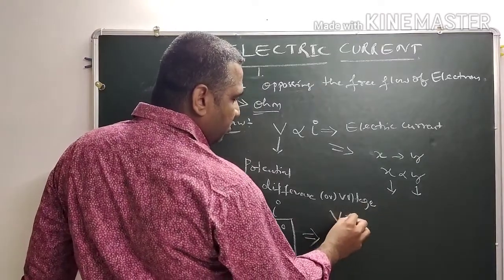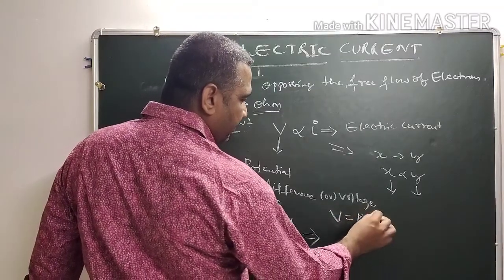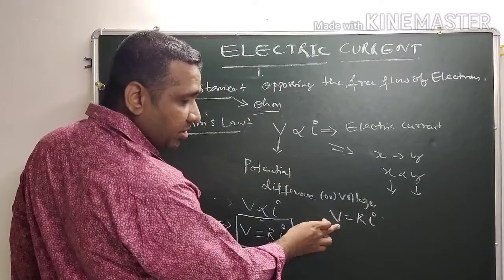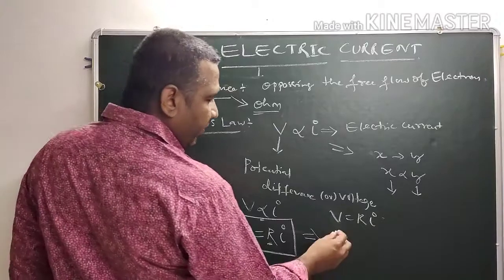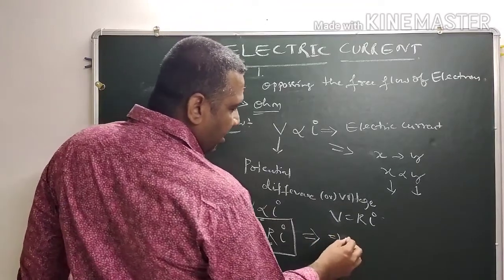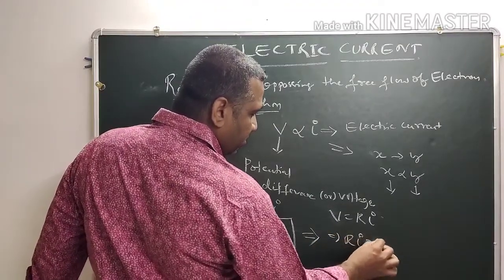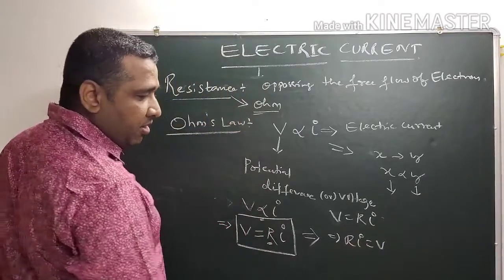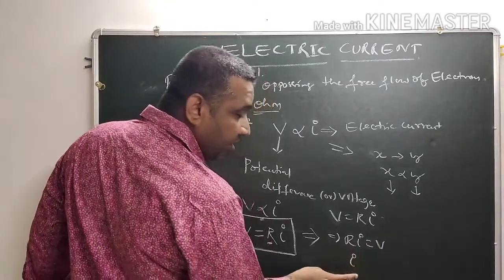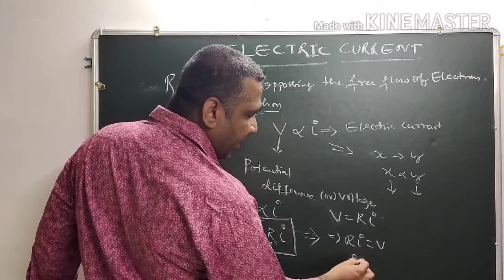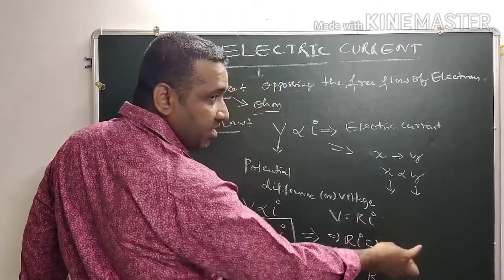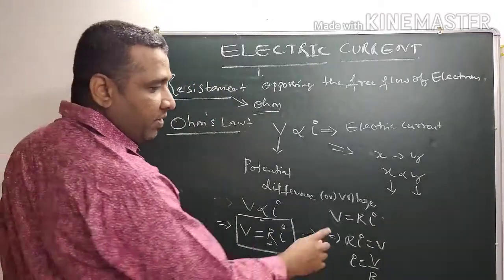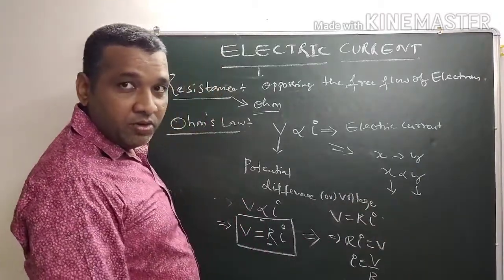V equals RI, where V is voltage, R is resistance, and I is electric current. We can also write this as RI equals V. One more relation we get is the formula for electric current: I is equal to V by R. The R is transferred to the right hand side, and whenever it is transferred, it goes to the denominator.